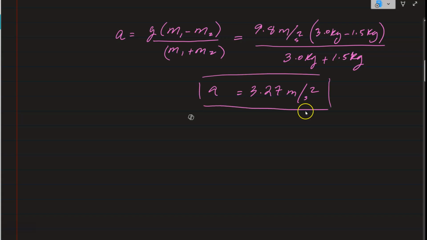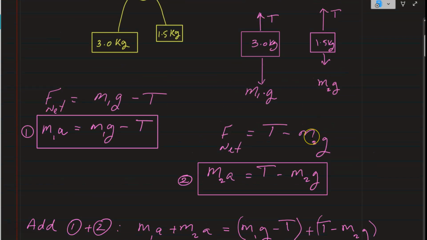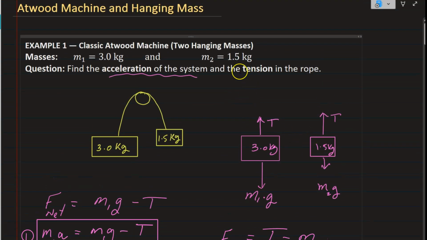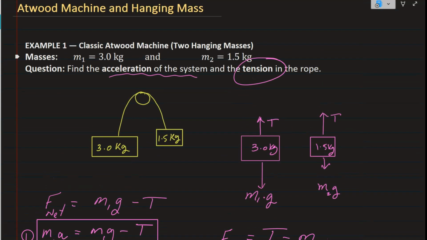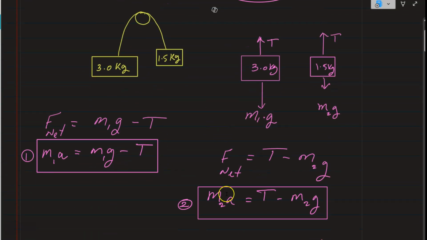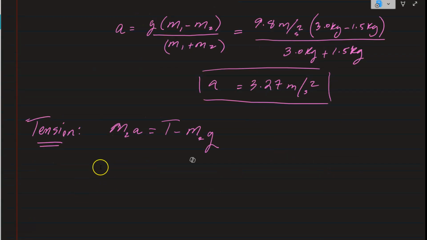Now the second part of the question is we need to find the tension. So let's go ahead, and we're going to use one of these two equations to solve for tension. So we're going to use the tension equation for the second mass.